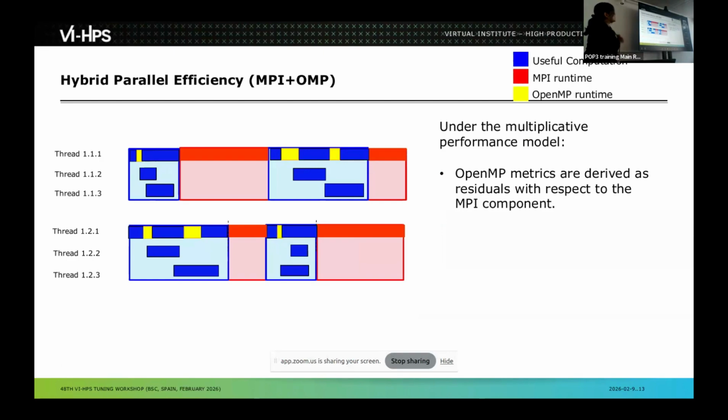Here we have some caveats that we need to take into account: the OpenMP metrics are computed as the residual of the other part, the MPI component. This means we first compute the MPI component, and after that we compute OpenMP.